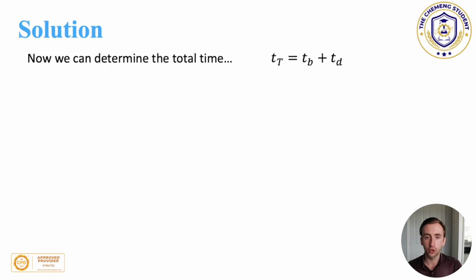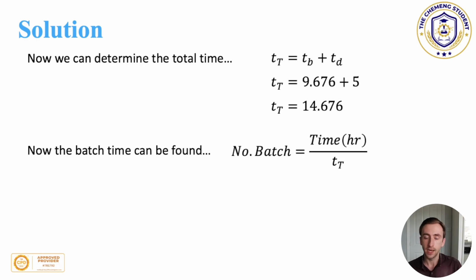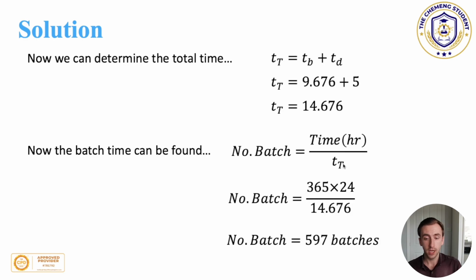Now we can determine the total time by simply adding our 9.676 plus our downtime, which was 5 hours. So we get a total time of 14.676 hours. Now the number of batches can be found, whereby we take the total duration divided by the total time. Now we want to operate 365 days and 24 hours a day.